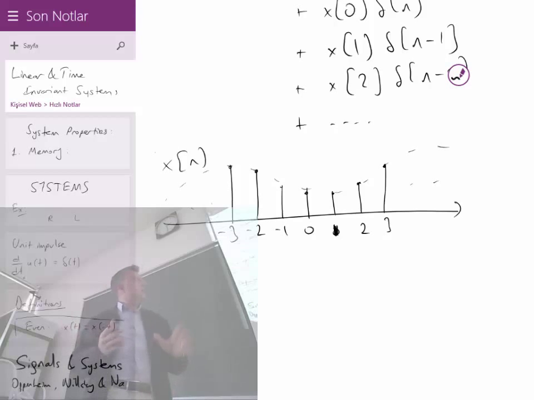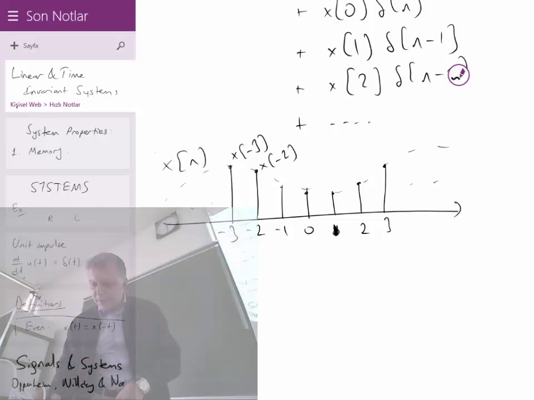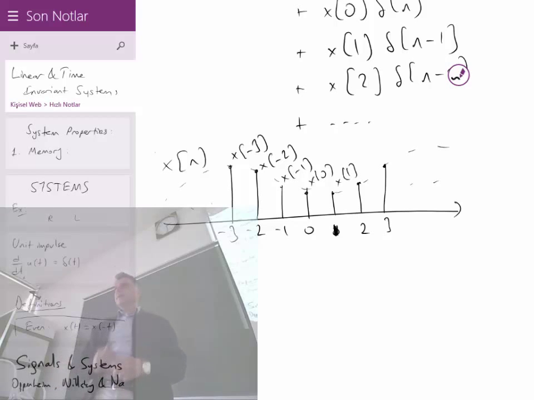And clearly, it is a combination of shifted impulses. And what are the values? For example, what is the value here? The value there, it's parametric. We don't know what it is, but its value is x of minus 3. That is the value. And the value here is x of minus 2. The value here is x of minus 1. The value here is x of 0, x of 1. You see? These are the values, parametric variables.